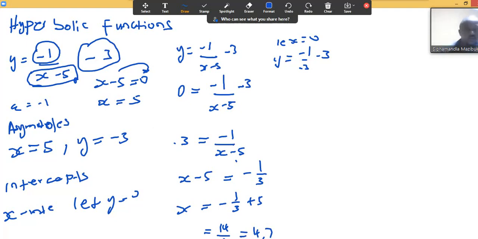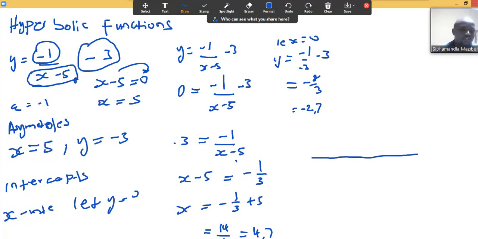So this will be -14 over 5. If you're looking at the decimal part of it, this should be equal to -2.8. Okay, so we have our asymptote, we have our a, and everything else.